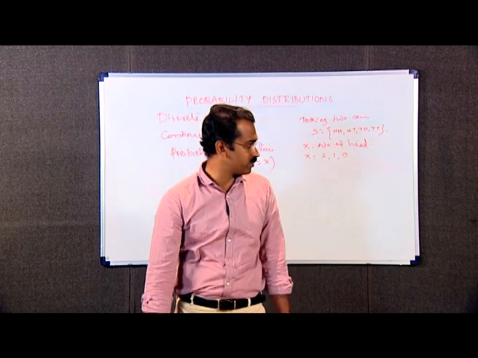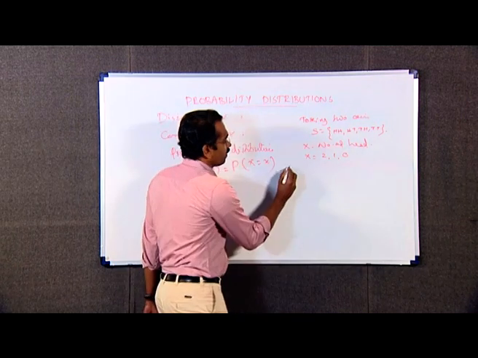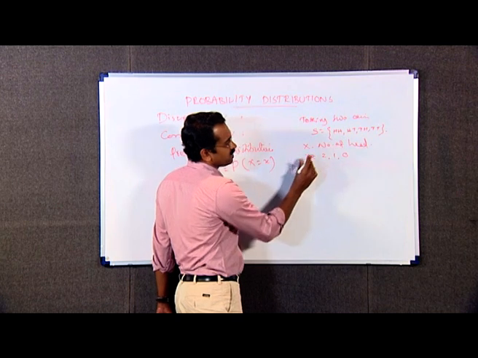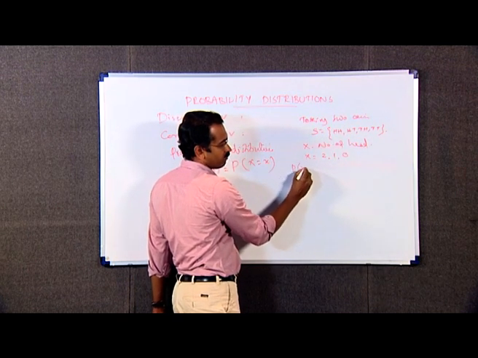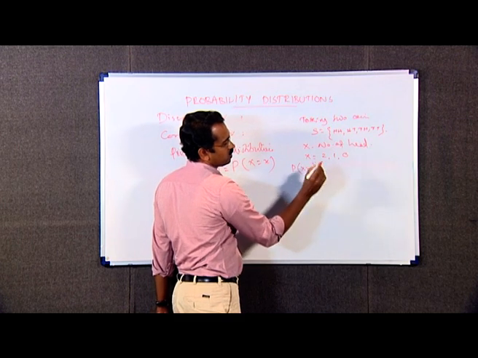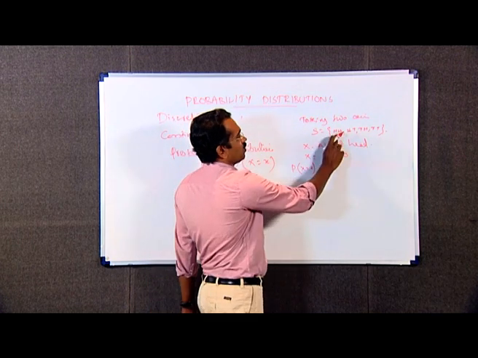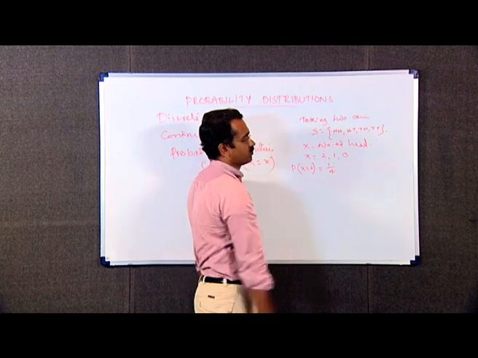This x is a random variable, and the probability of getting two heads, that is P of X equal to 2, is 1 by 4.